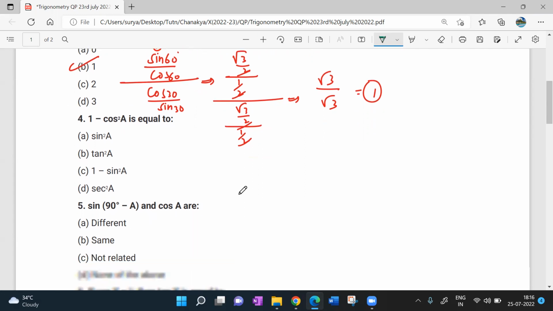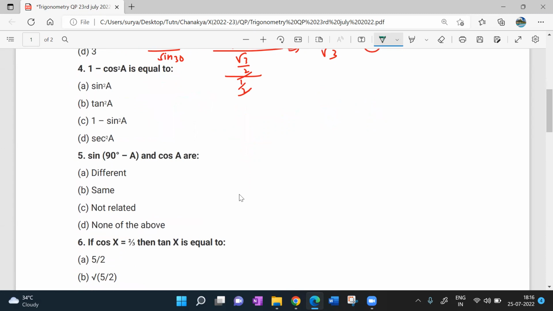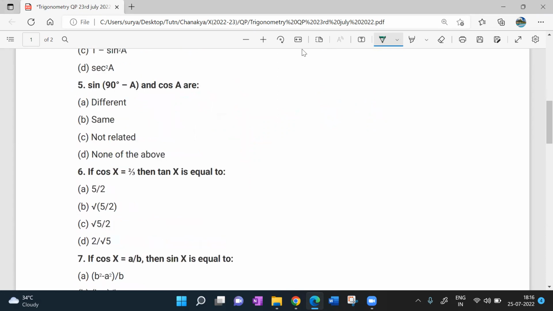Next. 1 minus cos square A is what? Sin square A. Very basic identity you have. Now sin of 90 minus theta, look at it here. This is the quadrant system: 0 degrees, 360 degrees, 90 degrees here, 180 degrees here, 270 degrees.